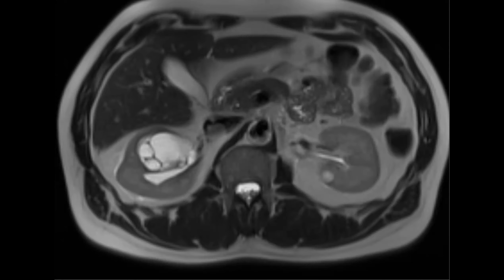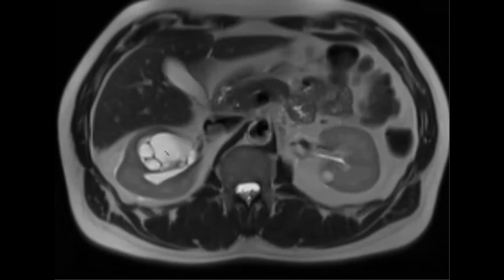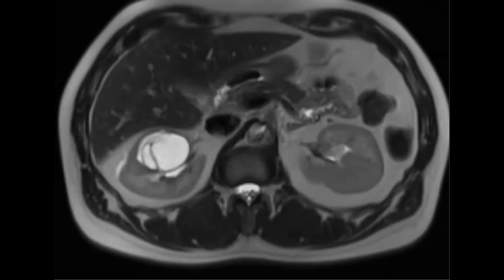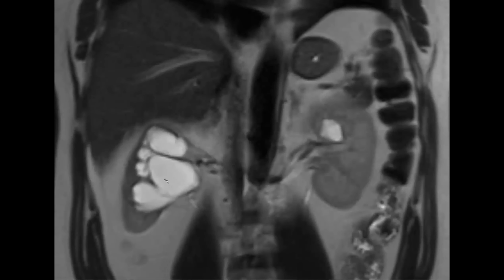Unfortunately, these are still usually resected, but good for the patient. It's a benign thing. It doesn't really look like a cystic RCC in that it's not a circular mass; it looks more like a multilobulated thing.